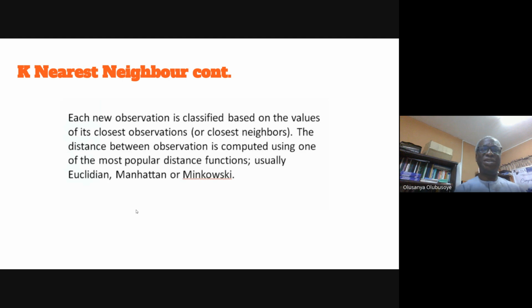So distance measures are usually employed to calculate distance to determine neighbors. Neighbors can be near, neighbors can be far, but the K nearest one is what we will focus on.